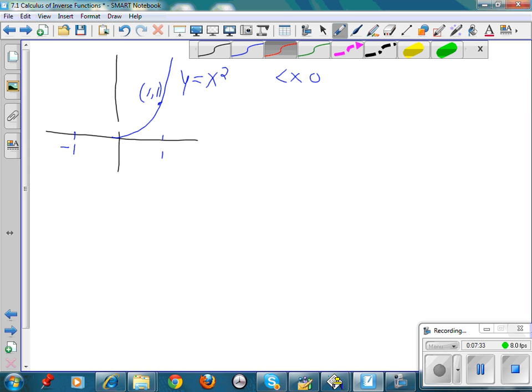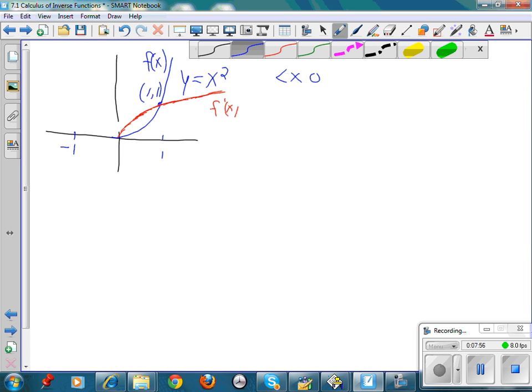And if I tried to get a little idea of what that inverse looked like, maybe it would look something like this. Graphically, it looks like this could be the inverse.